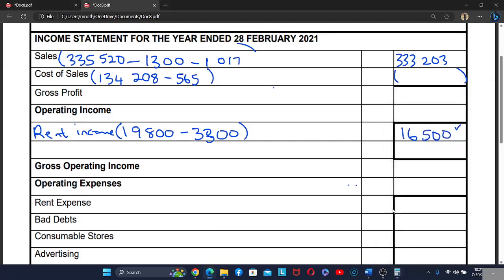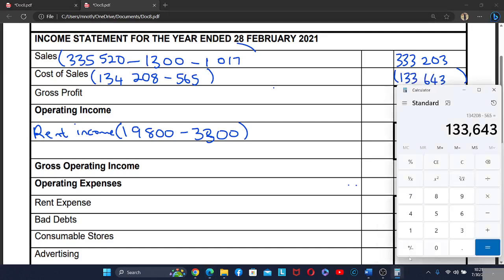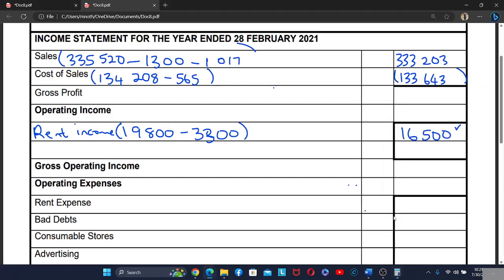It is going to be 123,643, right? So minus the cost of sales from sales, I'm going to get 199,560.